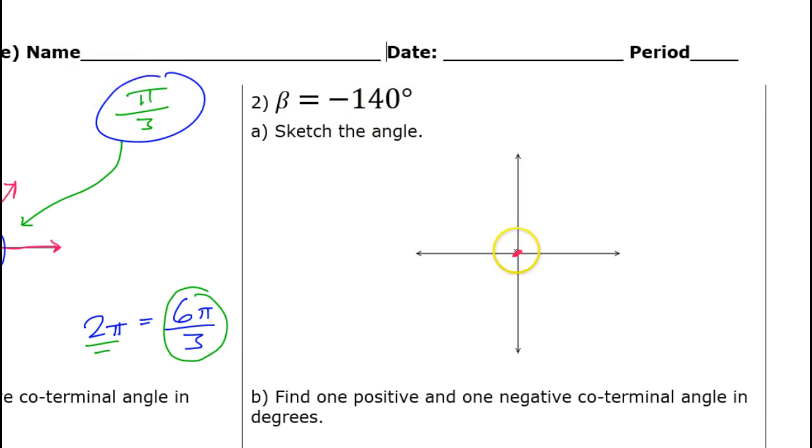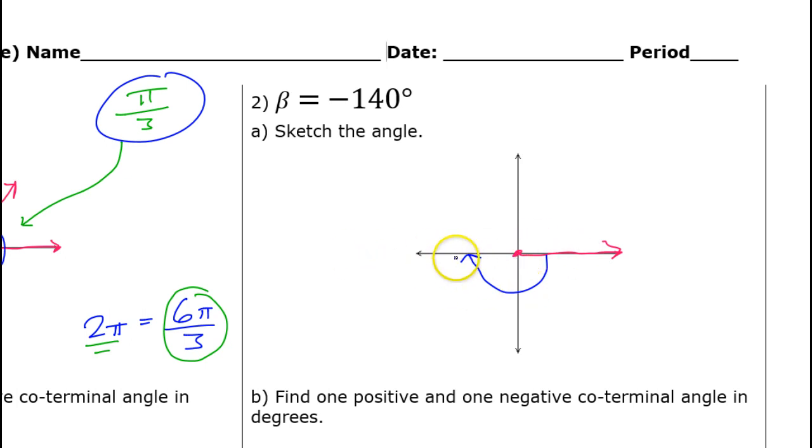So standard position. Of course our initial side is going to be here, the positive x-axis. Now, negative 140 degrees. Now, I know if I went this far, that would be negative 180 degrees. I'm going all the way to the straight line. That's like a semicircle.